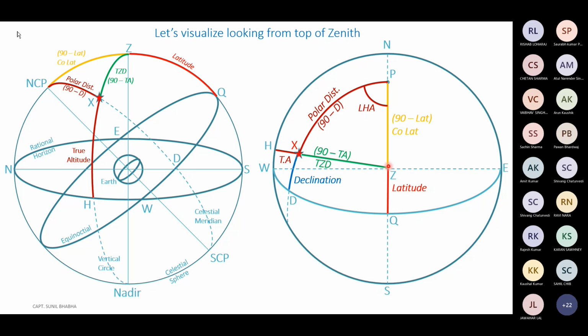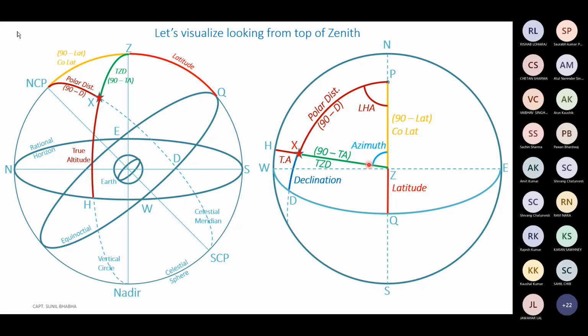Let's concentrate our attention on angle Z. If you look at angle Z, this is the angle between the celestial meridian of the observer, PZQS, and the vertical circle passing through the body. This angle is the azimuth of the body. So let me represent it in blue color.